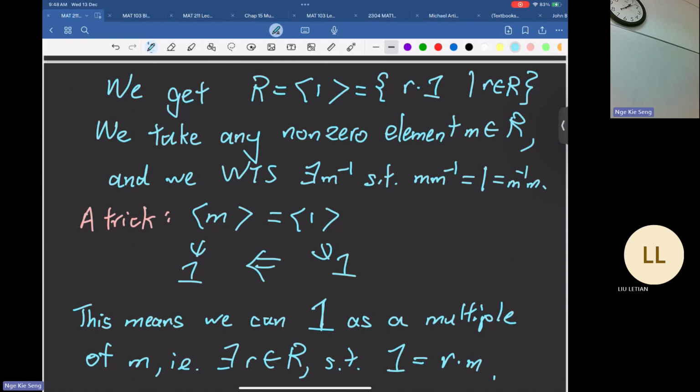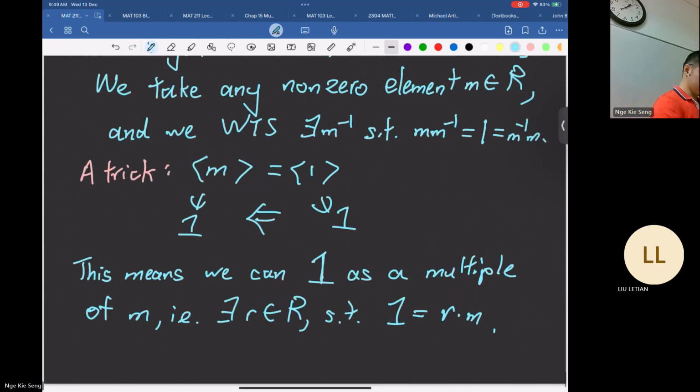Does it make sense? So the R that this ideal gives you is exactly the inverse unit, because it is the thing that multiplied with M gives you the identity.